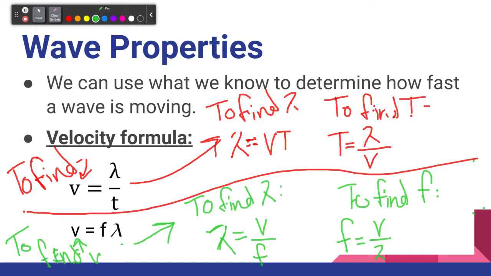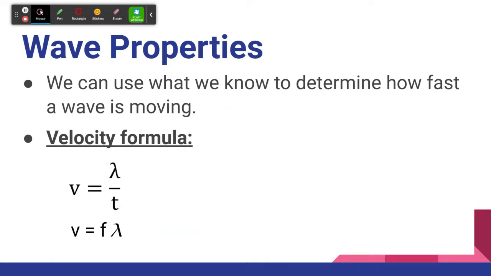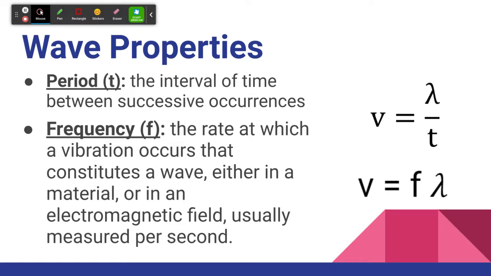Okay, now why should we care about period? Why should we care about frequency? So period, again, is the interval of time between successive occurrences. Really, all that sounds pretty complicated. It's really not. Period is just the time it takes for a thing to happen. Okay, how long does it take for a thing to happen?